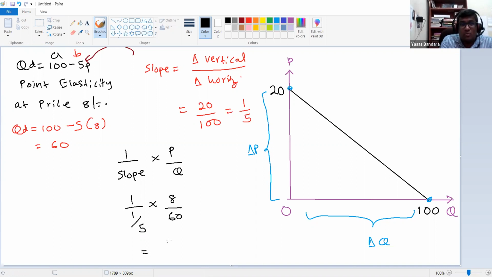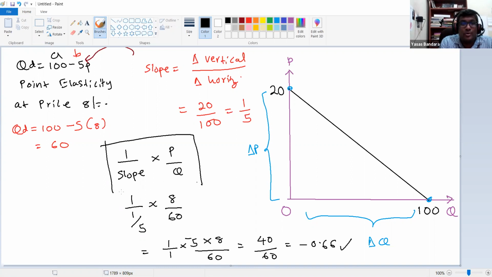That means 5 comes above the line, and 8 over 60. Now that is 40 over 60, and that is minus 0.66. Now that answer is correct. So we can't say this is wrong. That is correct.